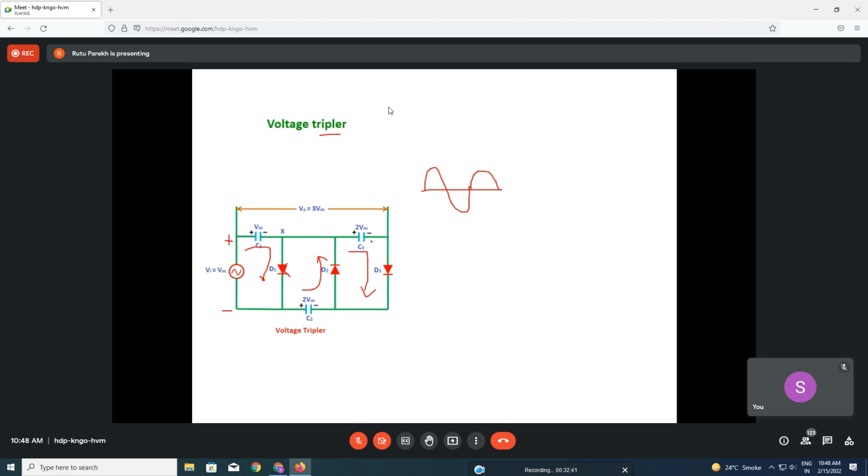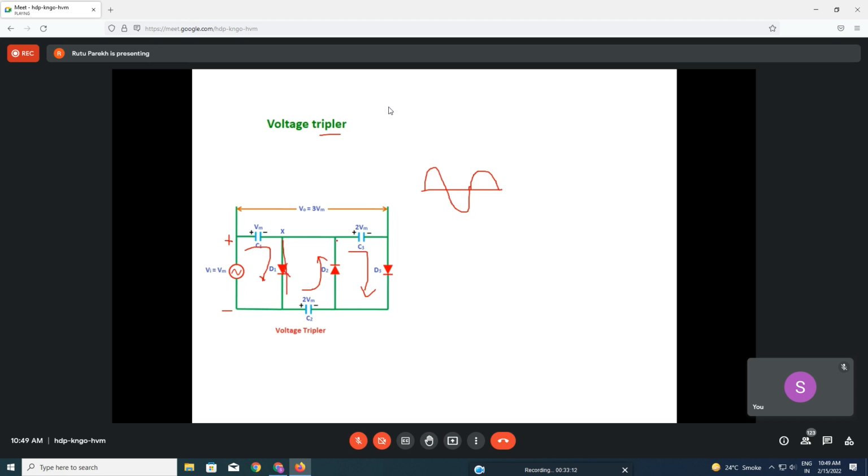But if I ask you, this VM here, how did it get VM? From the battery. Yes. So from this input, because during the positive half, this path is there now. So the current is flowing, as I showed you. This whole loop is there; these two segments are not there.